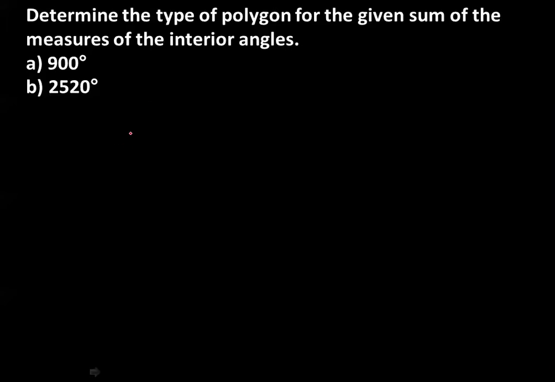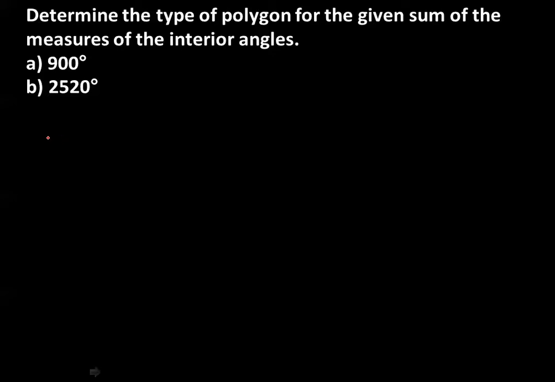Alright, this slide says determine the type of polygon for the given sum of measures of the interior angles. And so for this first one, it says 900 degrees. I got 900 degrees, so I got to determine, based on that sum of the measures of the interior angles, I got to figure out what kind of polygon it is.